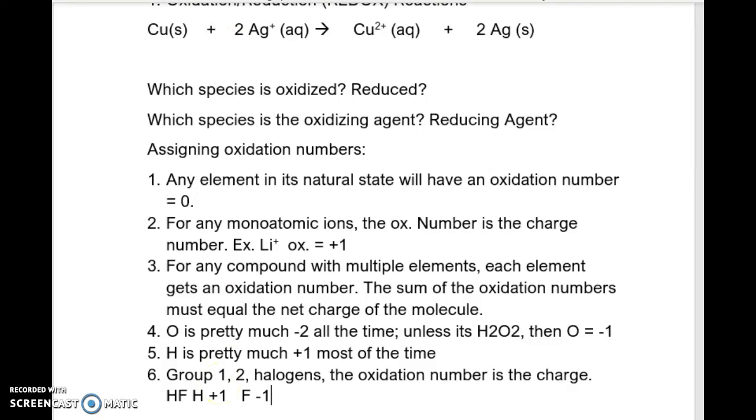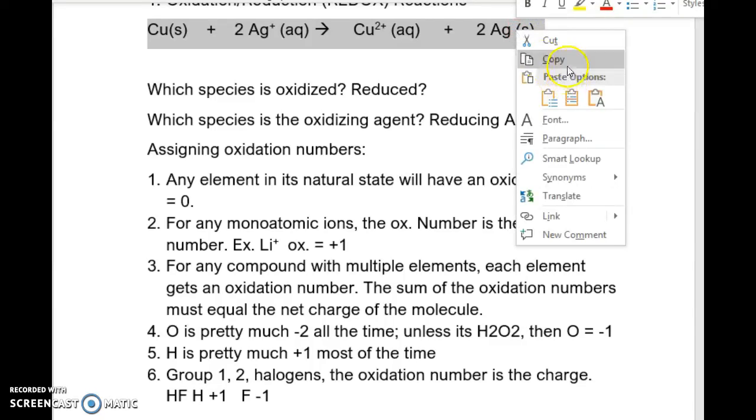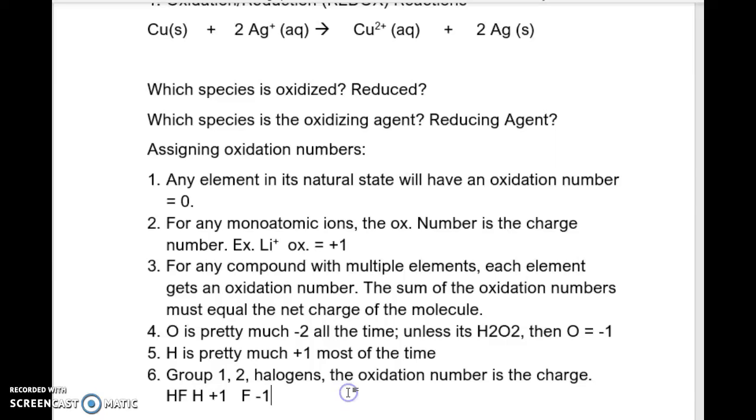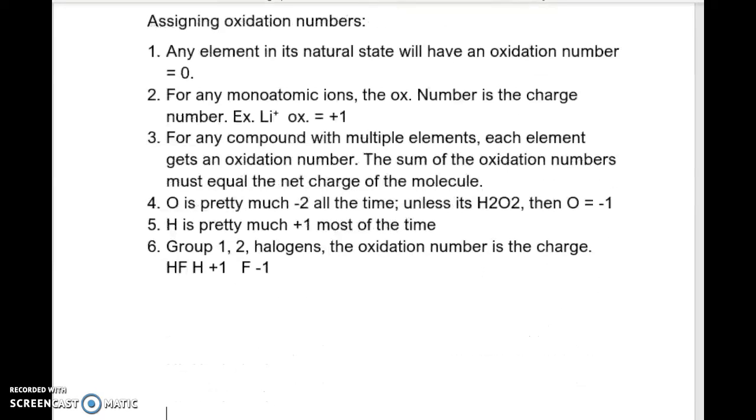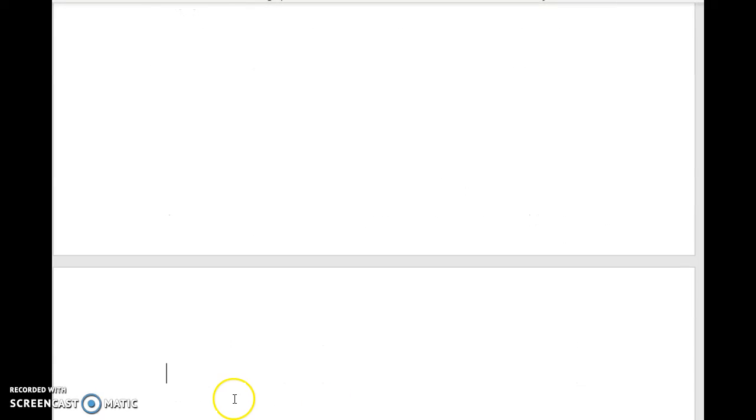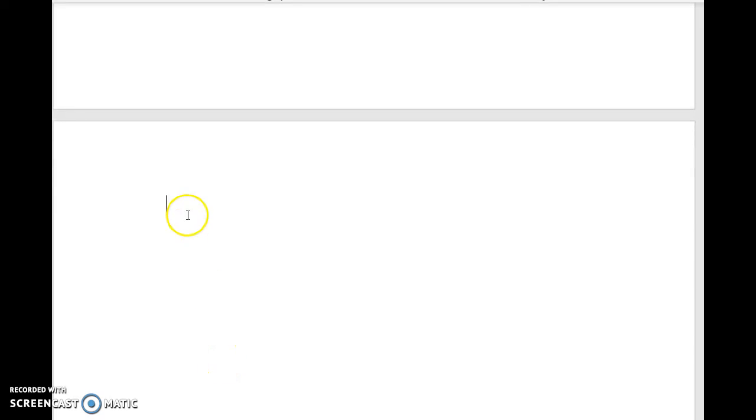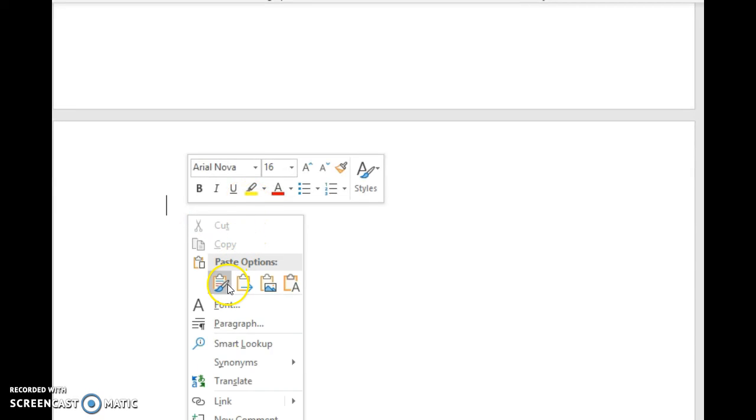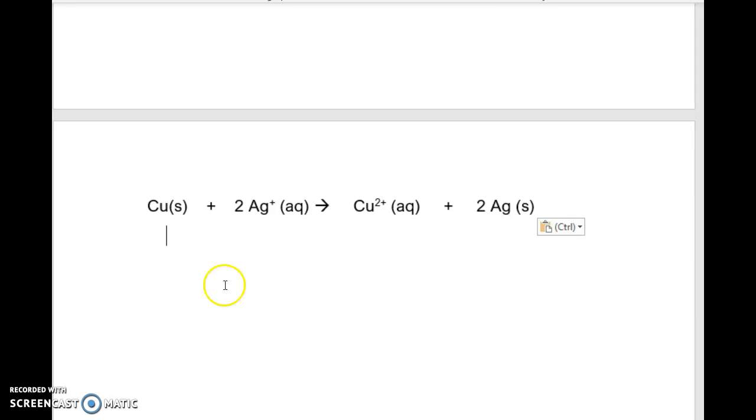In any case, looking back at the equation that we had up here, we can assign oxidation numbers. If we use our rules, copper has an oxidation number of 0 because it's in its natural state here.